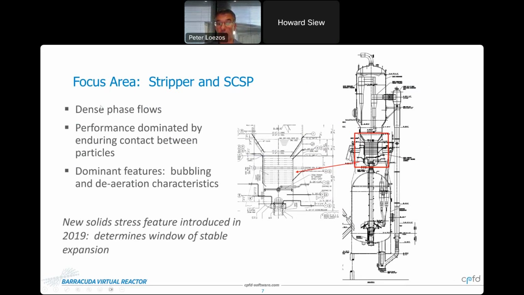To support this, we released a new feature in 2019. This is a new solid stress feature that determines what we call the window of stable expansion. We're going to touch on this for the next few slides, but the window of stable expansion is really the extent by which the catalyst can expand upon fluidization before bubbling. Again, a critical feature.